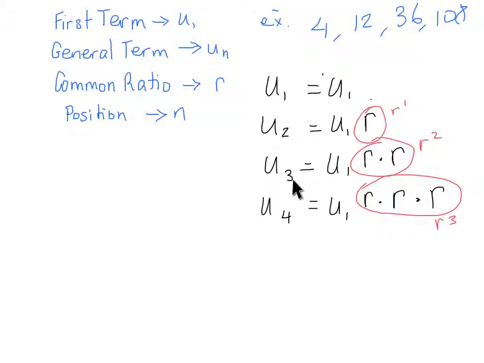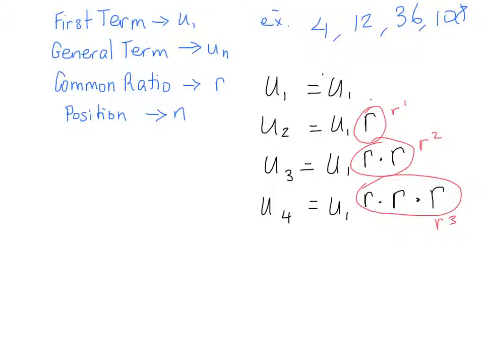When we're looking for the third term, the exponent of r is 2. When we're looking for the fourth term, the exponent of r is 3. If you notice, what's the relationship between the term, the n value, and the exponent of r? Well, the exponent of r is always 1 less than our n value.